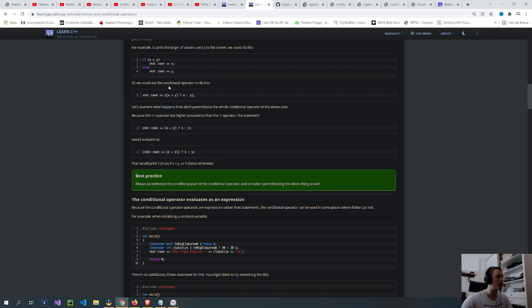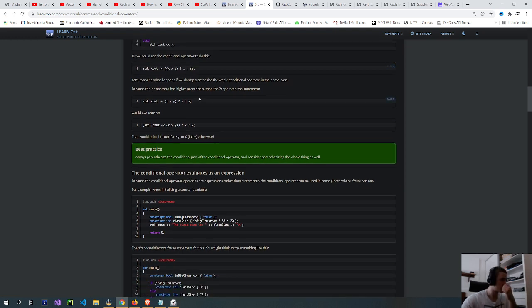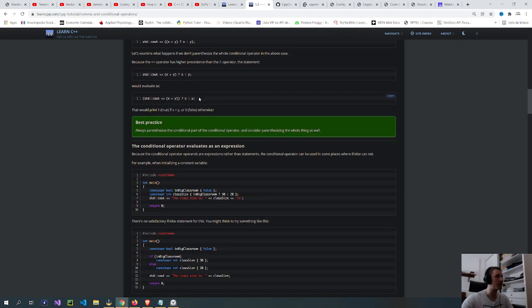Or we could use the conditional operator to do this. So yeah, let's examine what happens if we don't parenthesize the whole conditional operator in the cout case. Because the << operator has higher precedence than the ?: operator, this statement would evaluate as this. So this has higher precedence than the conditional operator, which makes this assigned to cout first.